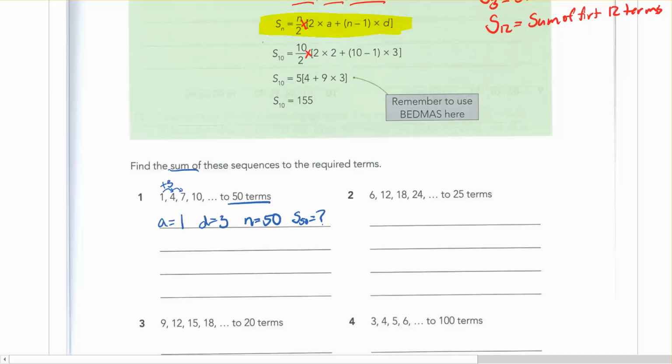So again, I'm looking for S sub 50, and I know that n is 50, so I'll go 50 over 2 times, bracket, 2 times a, which is 1, plus bracket n, which is 50 minus 1, bracket, times d, which is 3, and a big closed bracket on the end of it all.